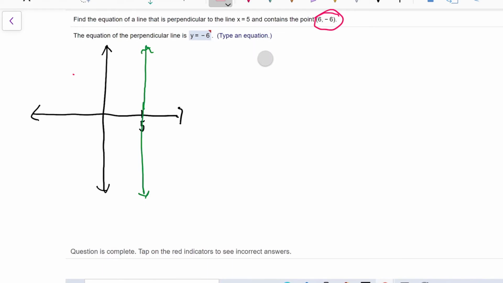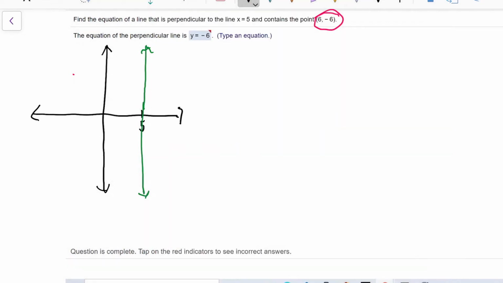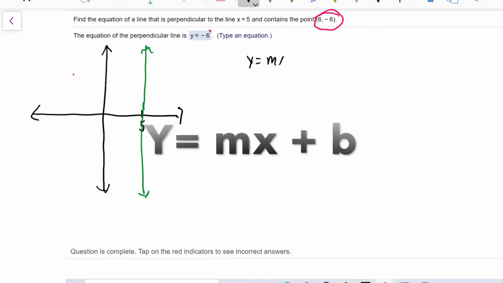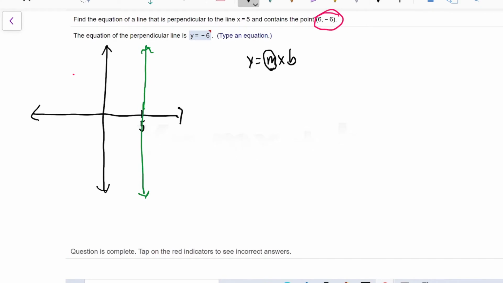Oh, sorry, let's switch back to black pen. Because in order to find slope, we must have an equation that looks like this, right? And the slope is basically the m, the value of the m. But in this case, it's not written like this. So I think this might be where it gets tricky, because it's not written as y is equal to mx plus b.